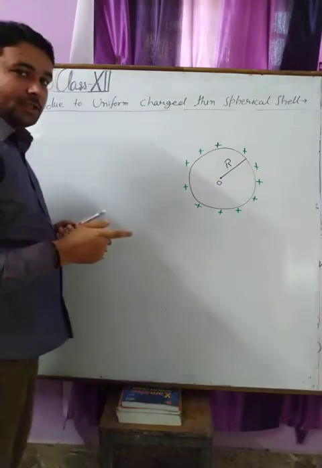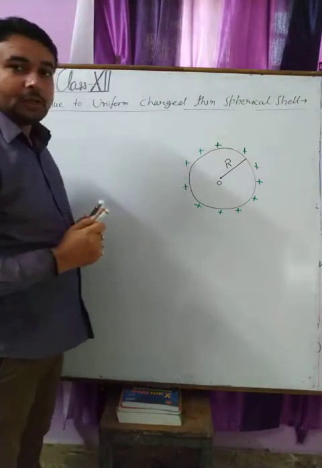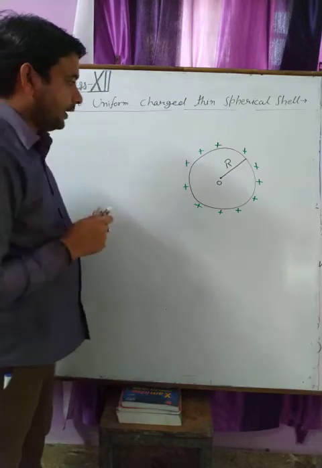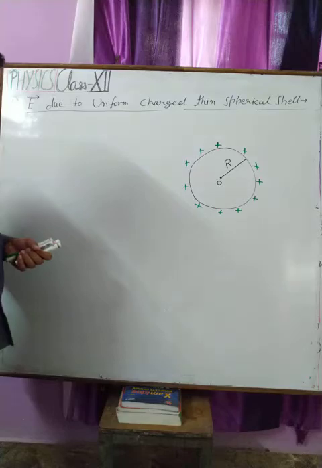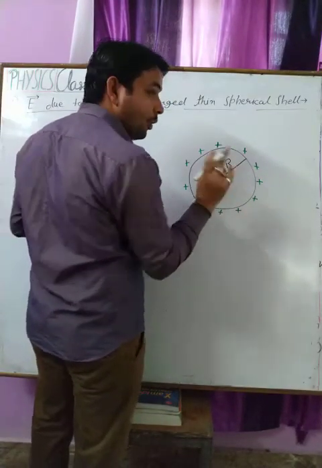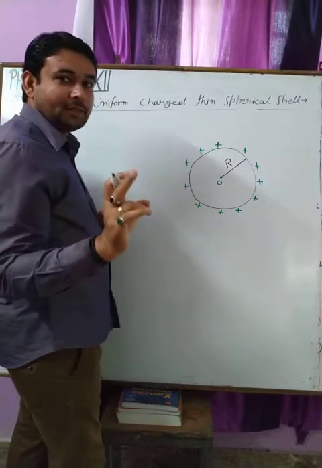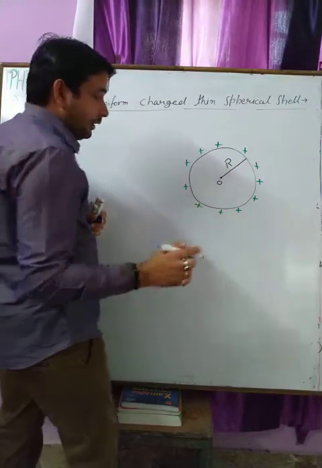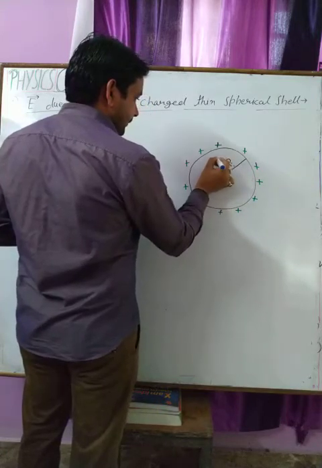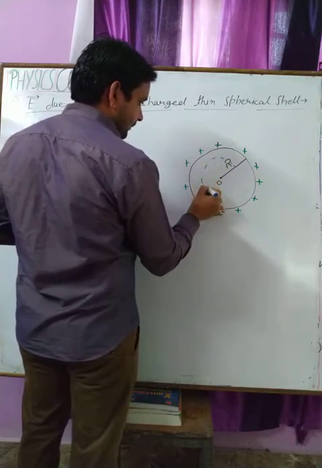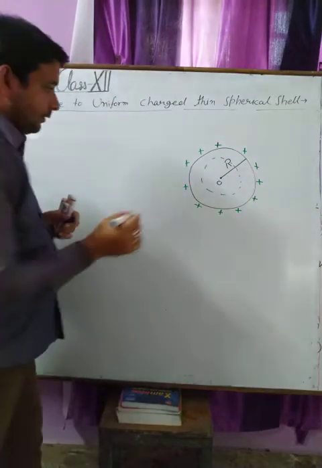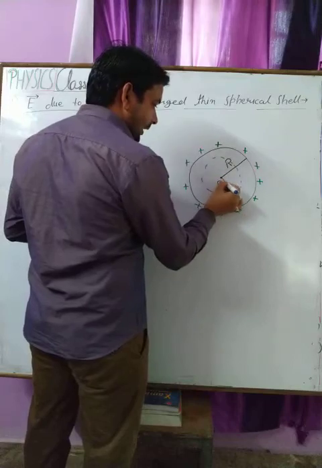On the basis of this spherical shell, we can calculate the electric field at three points. First, when the point P, where we need to determine the electric field, is inside the surface, at a distance r from the center.